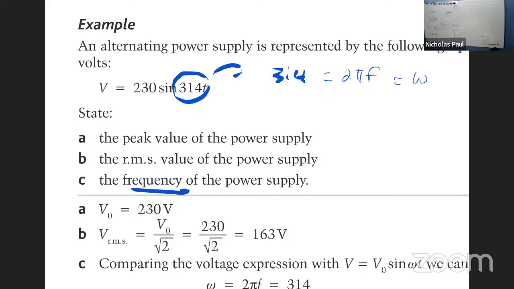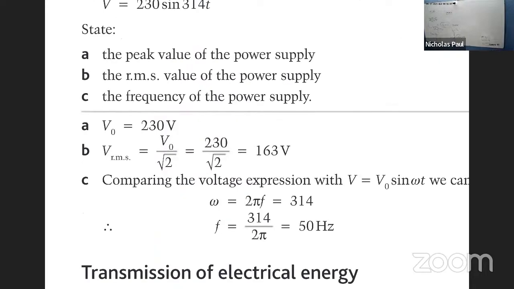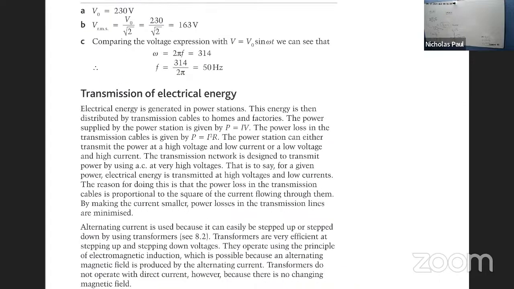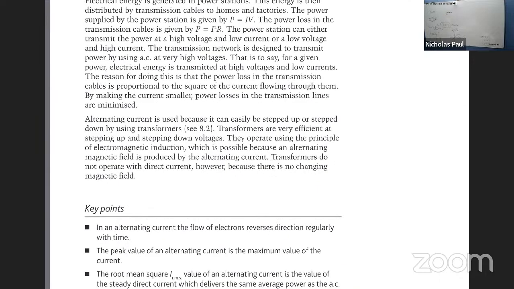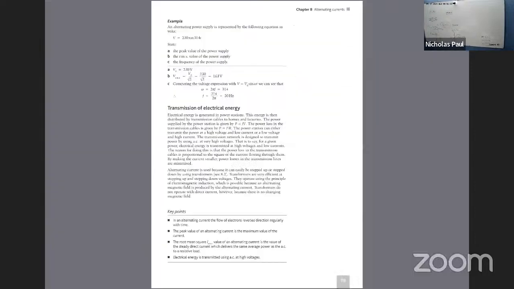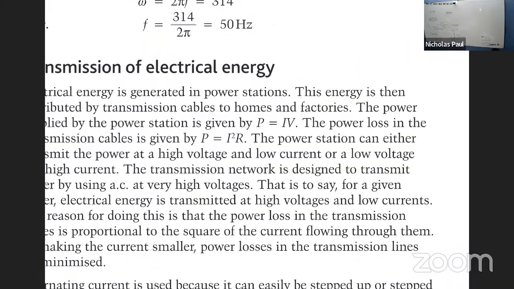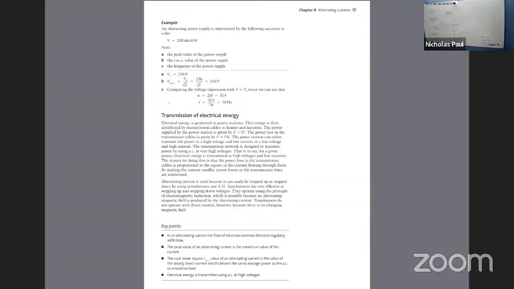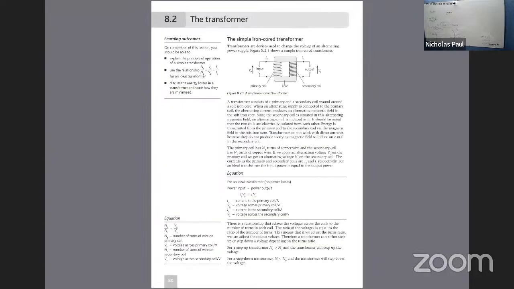And if you work everything out, are you okay with that? So we have VRMS, we have IRMS, and as a result, we can find power. Power will be IRMS times VRMS. And then we have to transform all the theory on that.